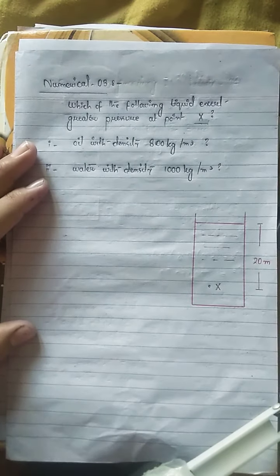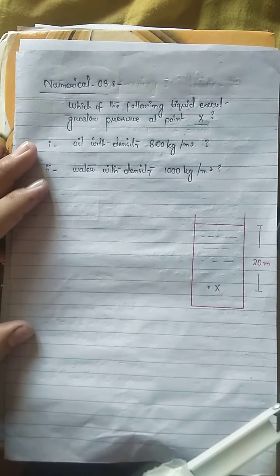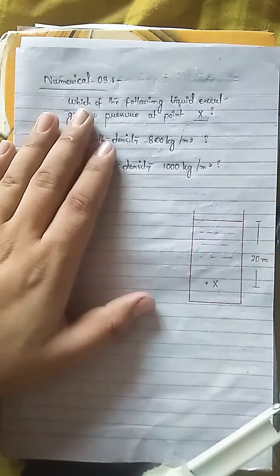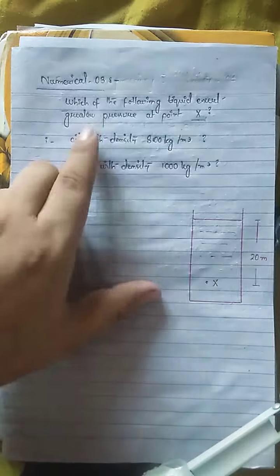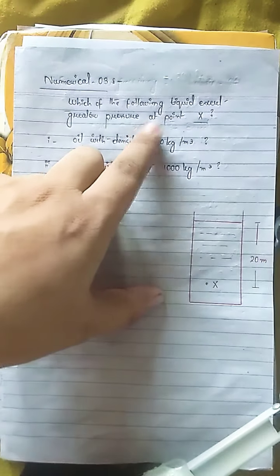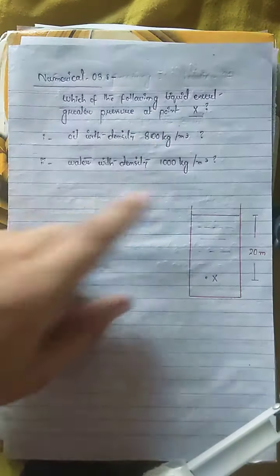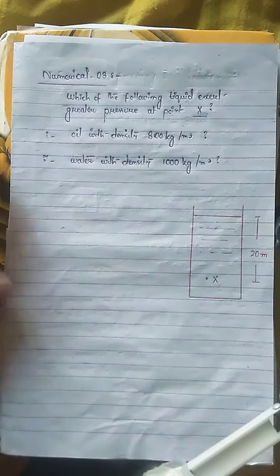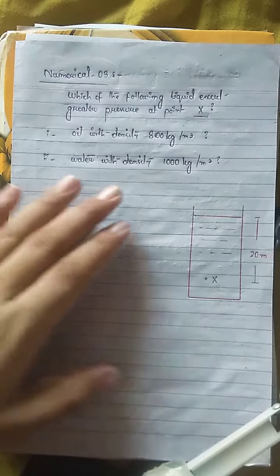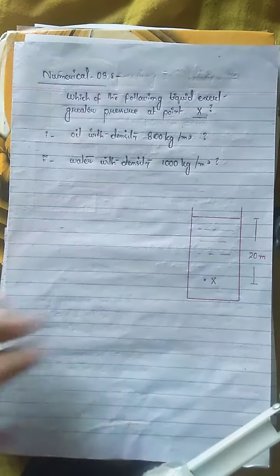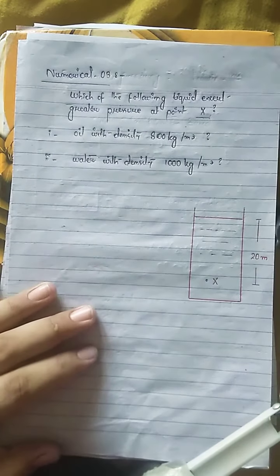Now, here you can see one more question in which we are asked which of the following liquids exerts greater pressure, means hydrostatic pressure, at point X. The first one is oil with density 800 kilogram per meter cube. The second liquid is water with the density of 1000 kilogram per meter cube.